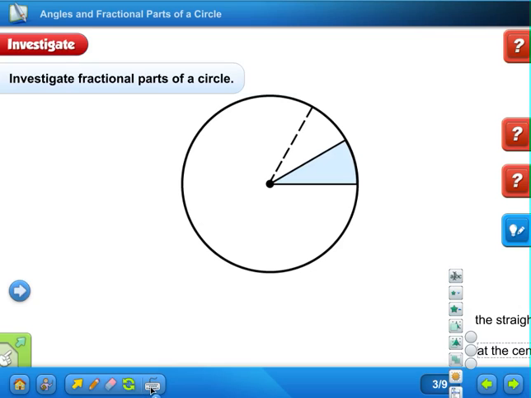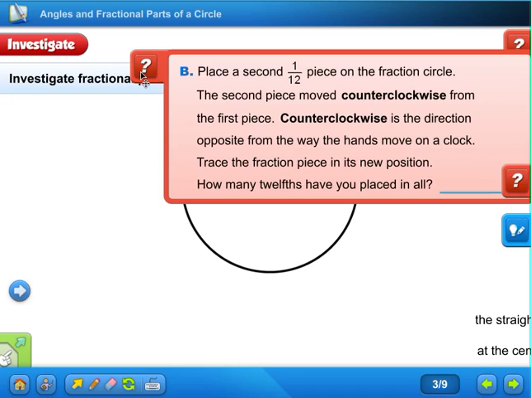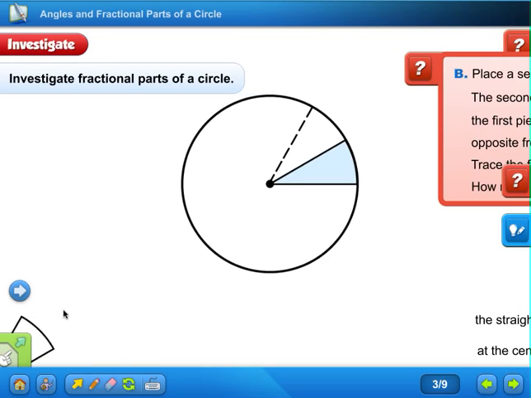All right. Next one. It says place a second 1/12 piece on the fraction circle. The second piece moved counterclockwise from the first piece. So we're going to go like this and place this right here. It's counterclockwise. It's going the opposite way than a clock.